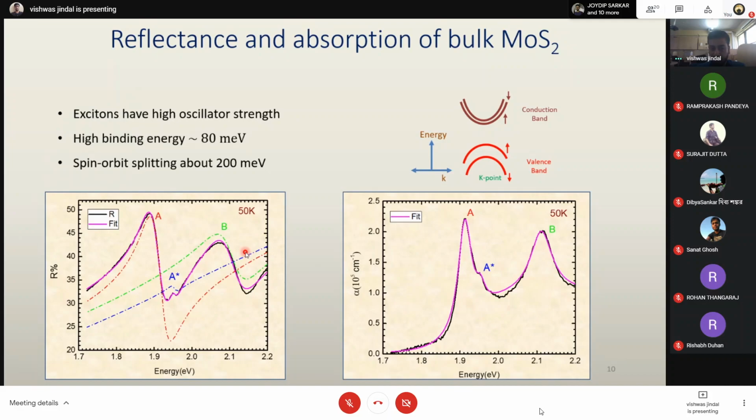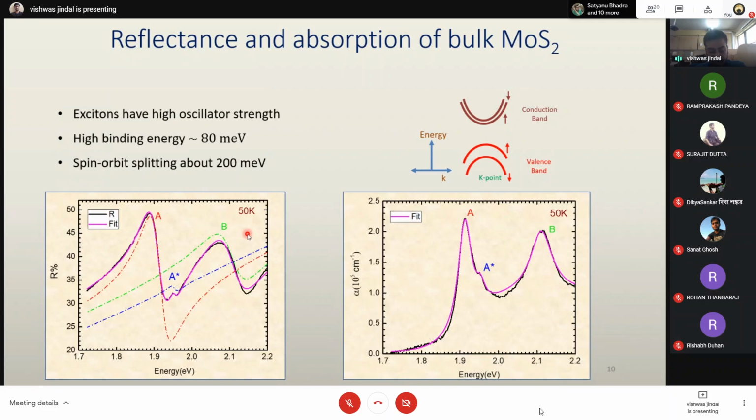Usually what you expect in a semiconductor is that the electron should be at the bottom of the conduction band and the hole at the top of the valence band, and you do not see higher excitons. But in this case, you are actually seeing these higher states.